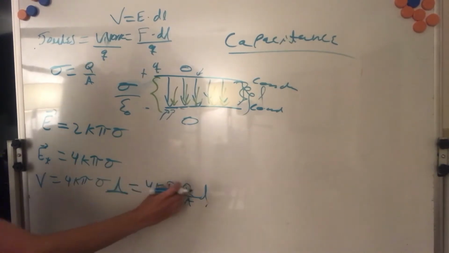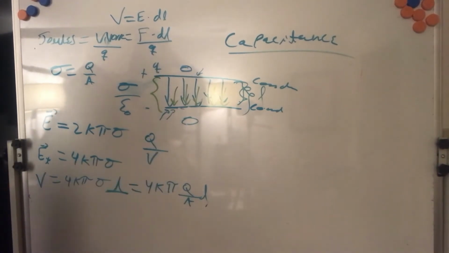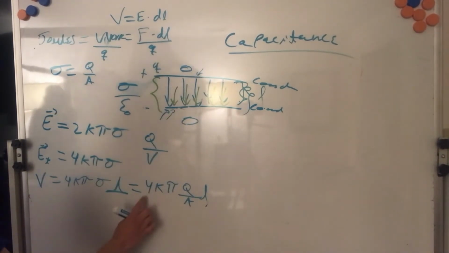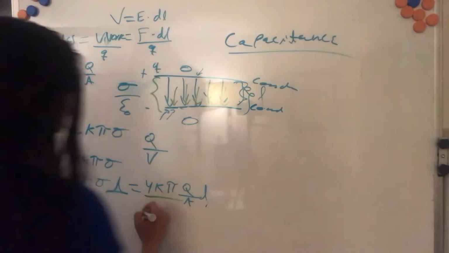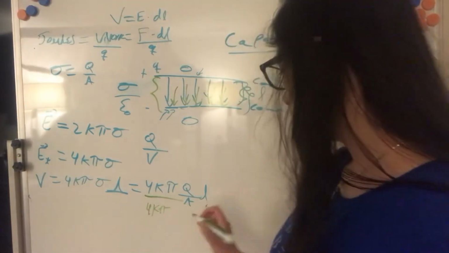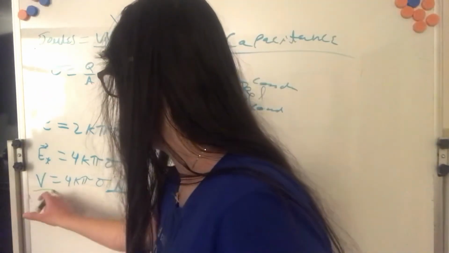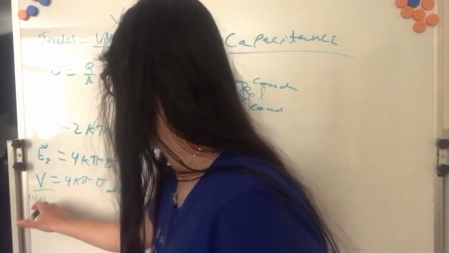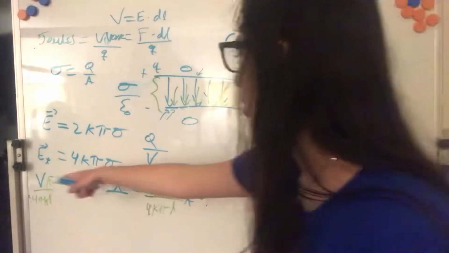If we want the charge per voltage, we divide everything by 4 pi k L and multiply everything by area, and then divide everything by voltage.